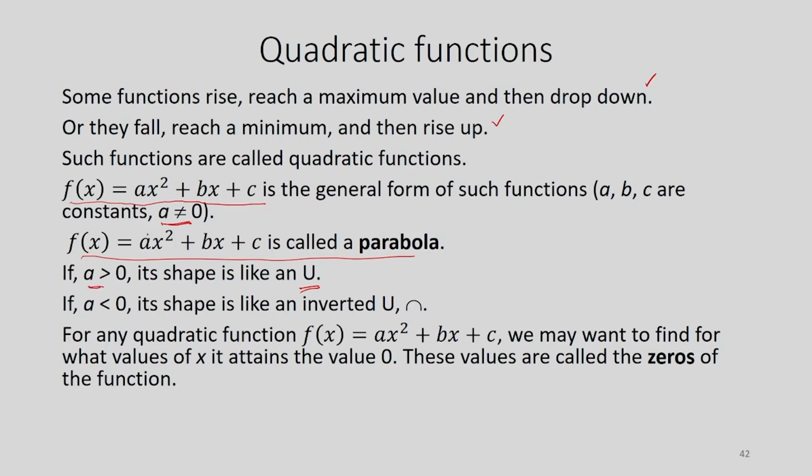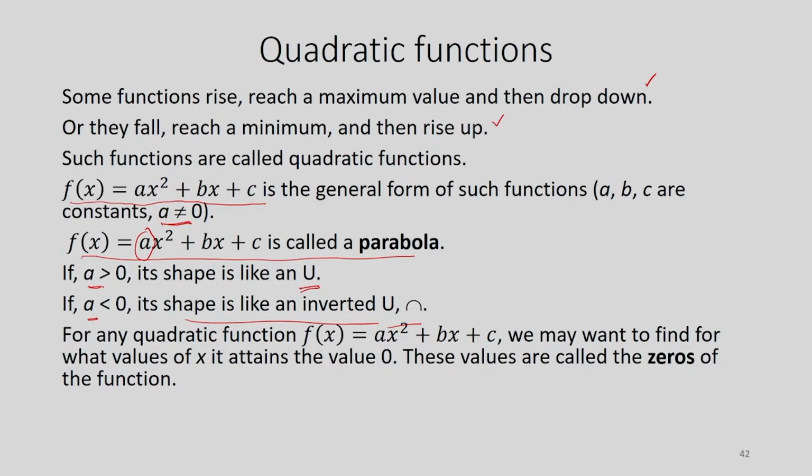This a is crucial as far as the shape of the function is concerned, and if a is less than 0, the second case, then the shape will be like it rises first and reaches a maximum value and then comes down. So, it will be like an inverted U, not exactly, but roughly.